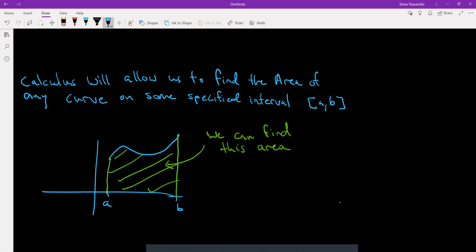And that starting point is A, and then it ends at this point B. And in between those 2 points, I'm going to find the area that's below the curve, and that's shaded in green. All right, we'll find that we can find this area, and this happens for any particular curve that we can draw. So that's going to involve using what's called integration.